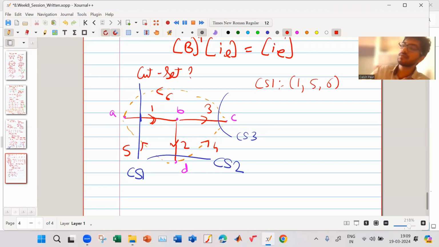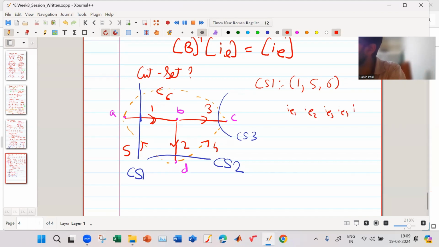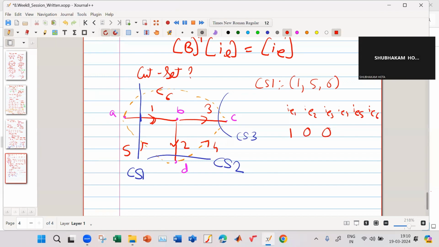So for the currents IE1, IE2, IE3, IE4, IE5, IE6, what will the values be for cut set 1? I1 is 1. I2 is 0, I3 is 0, I4 is 0. I5 is minus 1, I6 is minus 1.